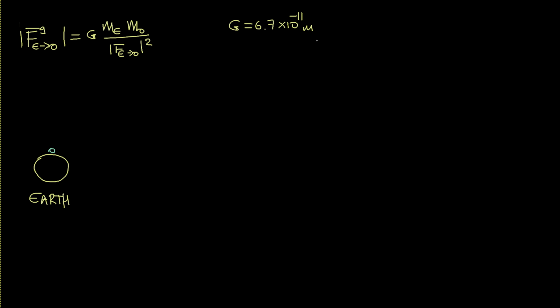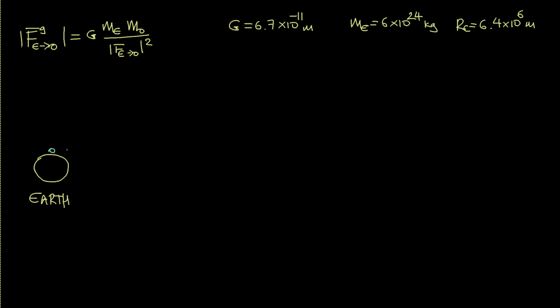We know that the mass of the Earth is roughly 6 times 10 to the 24 kilograms. And we know that the radius of the Earth is approximately 6.4 times 10 to the 6 meters.